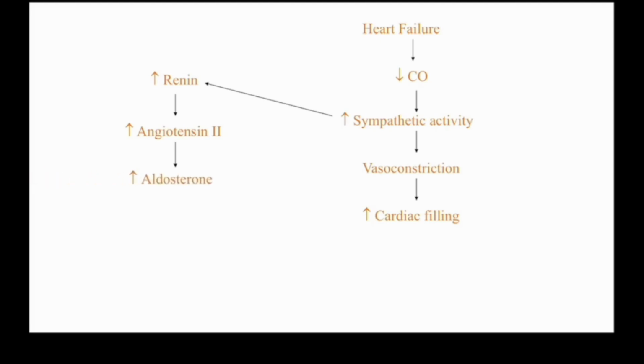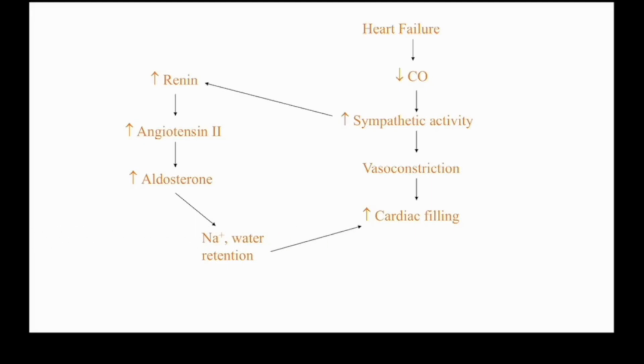This will produce increased secretion of aldosterone from the adrenals, and the aldosterone will produce sodium and water retention. So this is the RAS activation facilitated by the sympathetic activity.